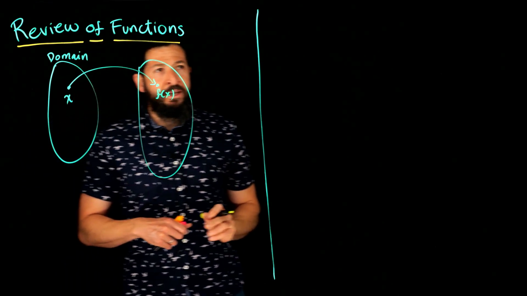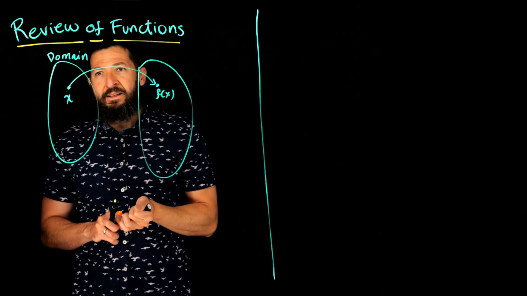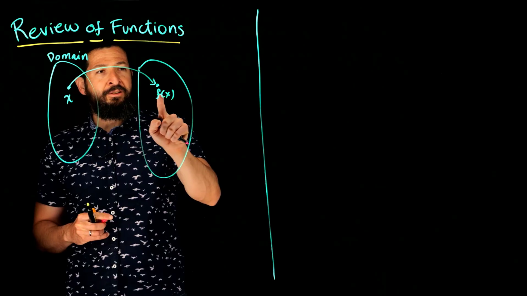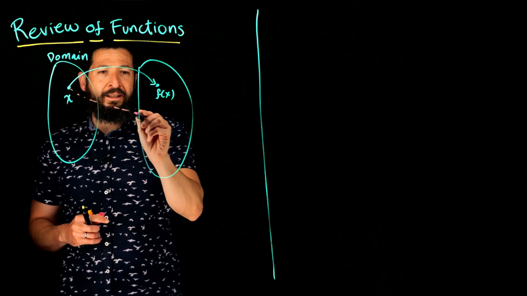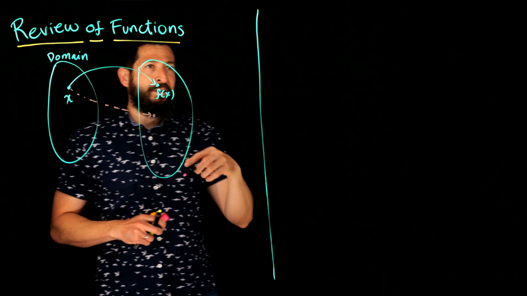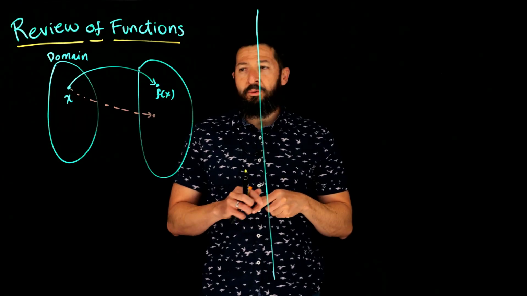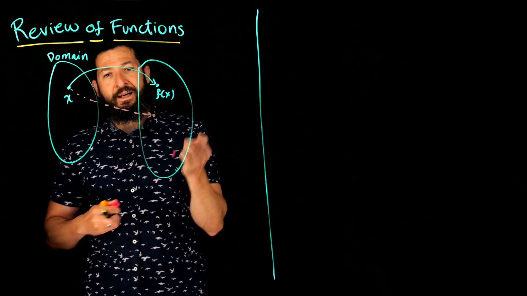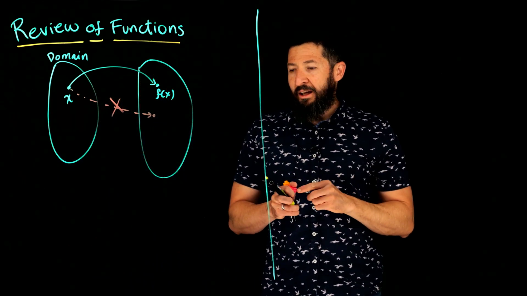And now the key aspect of a function is that to each x there is a unique f of x. So you cannot have something like this happening, that this would be sent to two different things. If that were to happen, that is going to be a relation, but it's no longer a function. We don't care about that. We don't want that. So to each x, there will be a unique f of x.